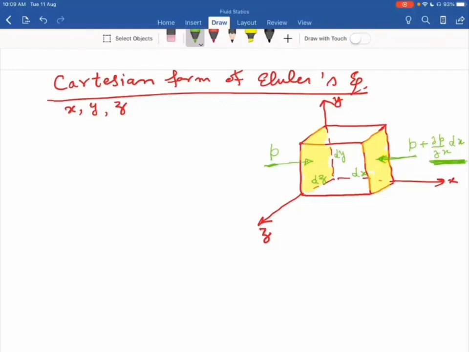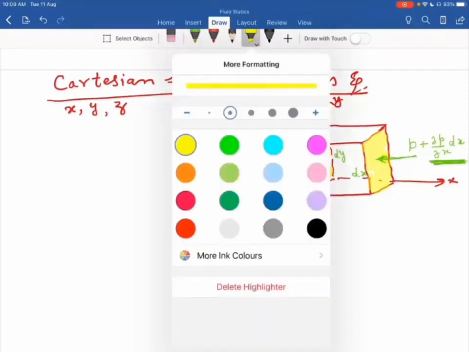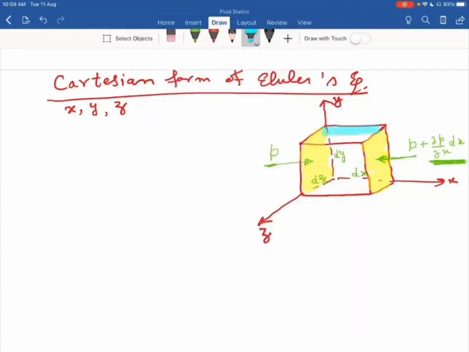Similarly, you can mark along the y-axis. This is the top face and bottom face. Now I mark the pressure intensities. Here you have P, and here, with the variation along y-axis, P plus curly P by curly y into dy.